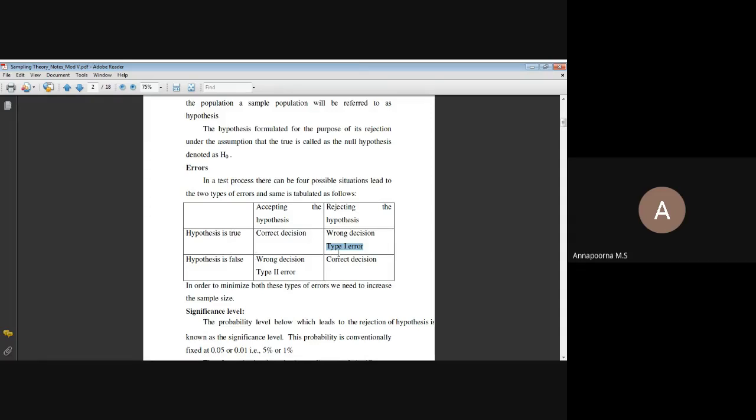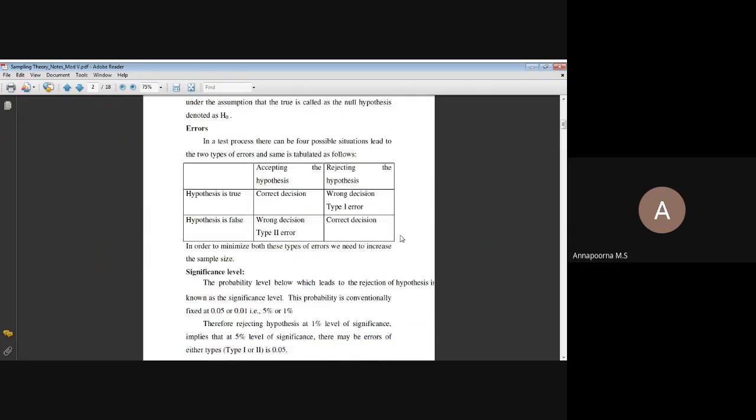Then what does type 2 error mean? Accepting the false hypothesis is mentioned as type 2 error. So rejecting the true hypothesis is called type 1 error, and accepting the false hypothesis is called type 2 error.